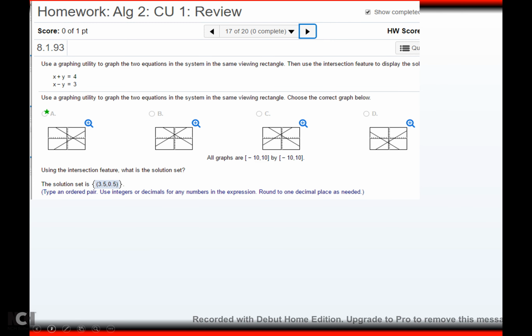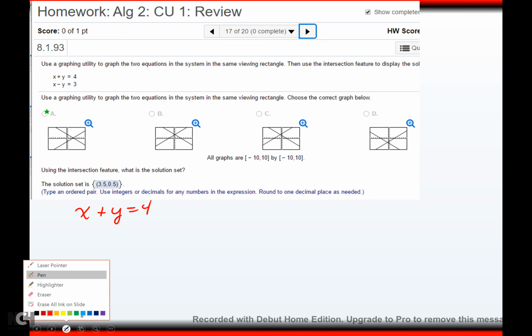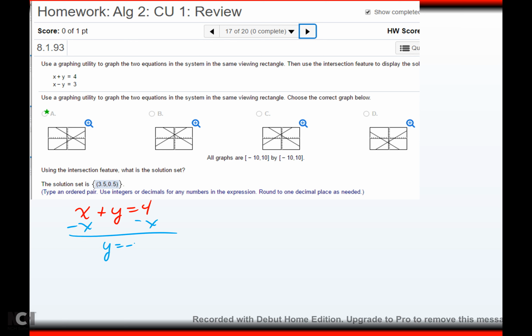Okay? Alright, the next one says use a graphing utility to graph the 2 equations in the system in the same viewing rectangle. Then use the intersection feature to display the solution. You can't use a graphing utility until you get y alone. So I have x plus y equals 4. To get y alone, I'm going to minus x, which gives me y equals negative x plus 4.